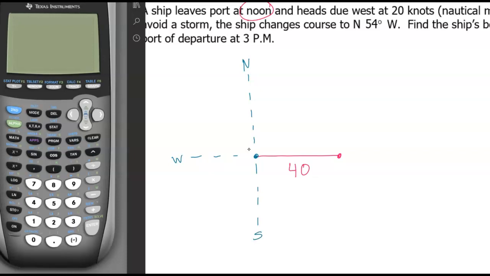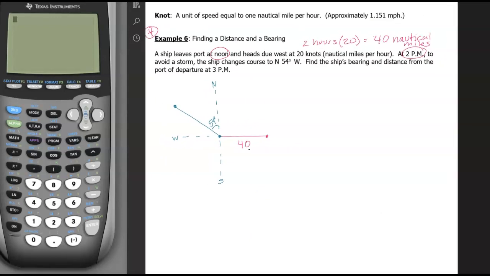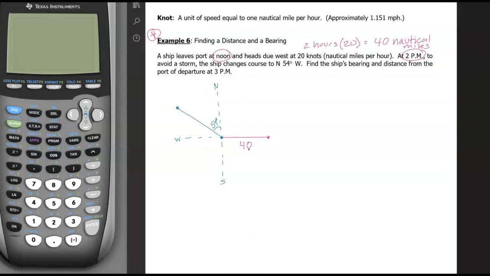So if they changed at north 54 degrees west, that means from our north line we go 54 degrees towards the west. That is over halfway. This angle is 54. And it wants to know the distance they fully traveled and the bearing from the port of departure.